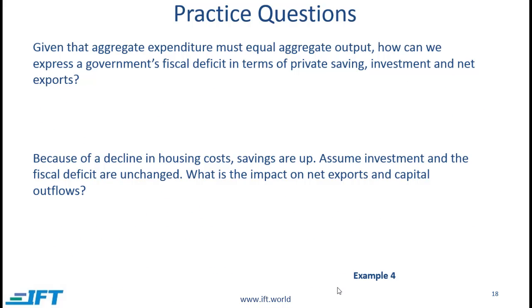Now let's take a look at the sorts of questions that you might get. Given that aggregate expenditure must equal output, how can we express a government's fiscal deficit in terms of saving, investment, and net exports? So think about this before you move on.